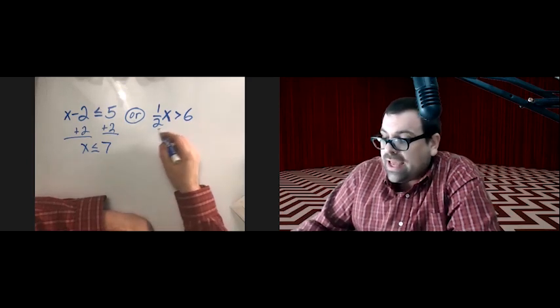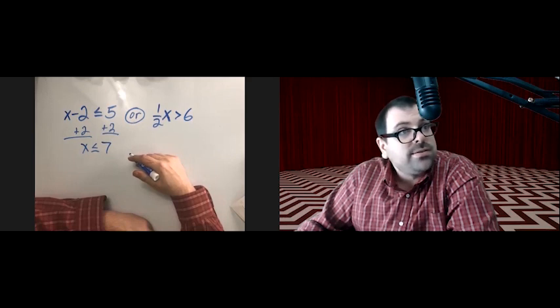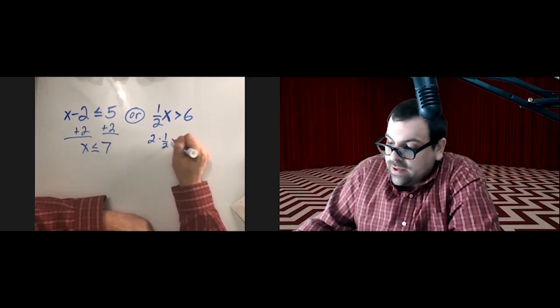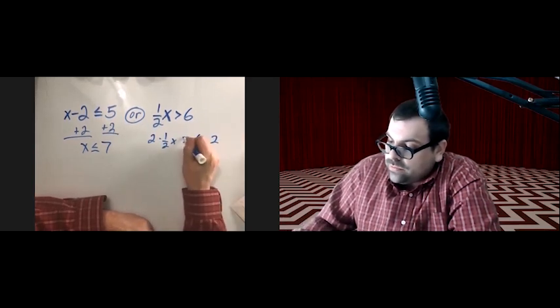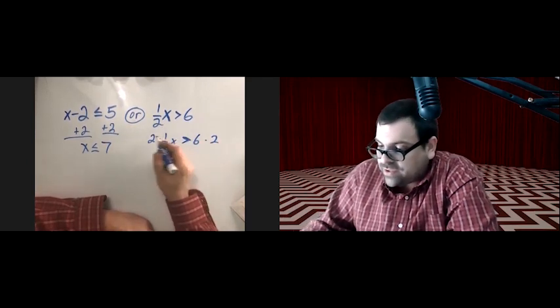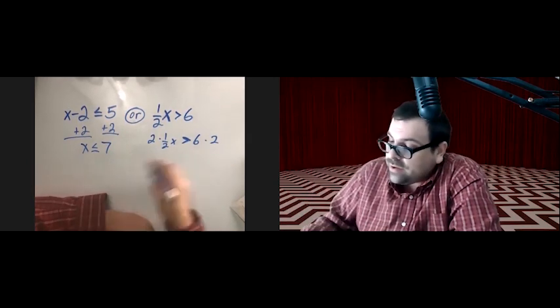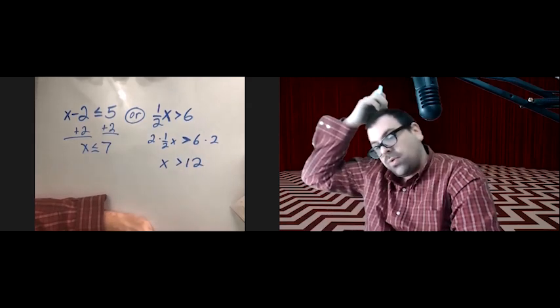Over here, 1/2 x is greater than 6. We can multiply both sides by 2. Multiplying by the reciprocal gets rid of the fraction. 2 over 1 is the reciprocal of 1/2. That just leaves us with x is greater than 12.